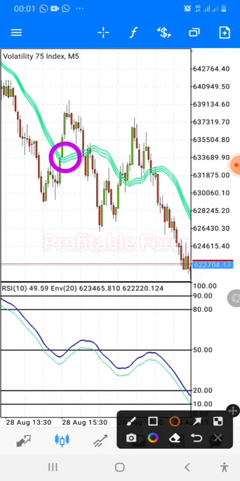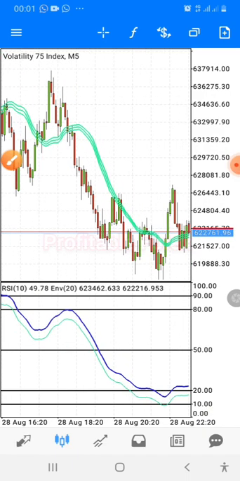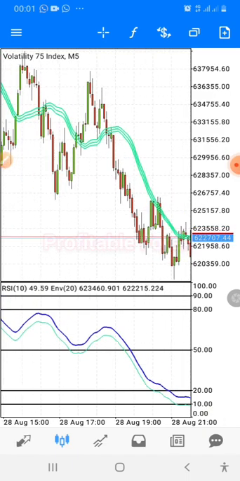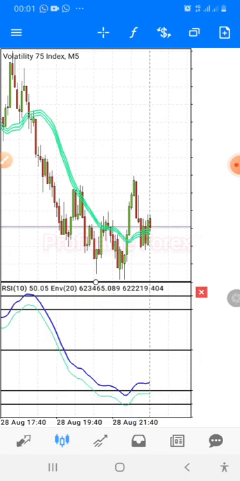Okay, do not just hurry into taking a trade because it's crossing below the chart. You also have to check your indicator window to check if the envelopes are at the 10 level or at the 90 level.